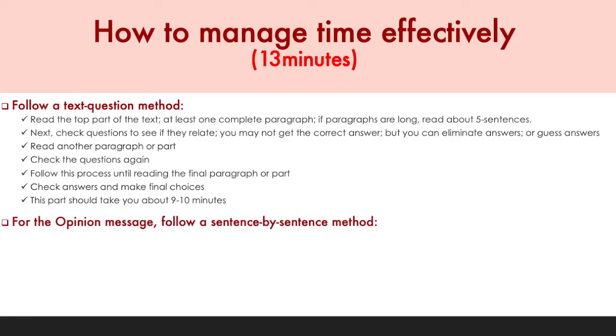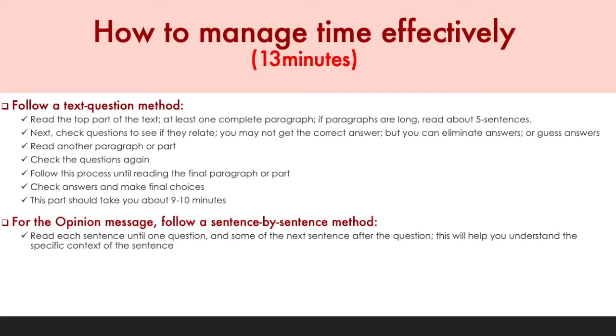For the opinion message, follow a sentence by sentence method. Read each sentence until one question and some of the next sentence after the question. This will help you understand the specific context of the sentence.